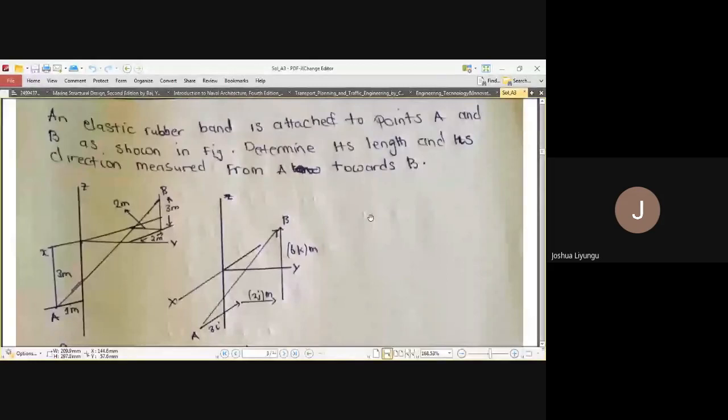Then how do we get the direction angles? The direction angles are always the force component over the magnitude: the x component over the magnitude, the y component over the magnitude, and the z direction over the magnitude. That's how simple it is.